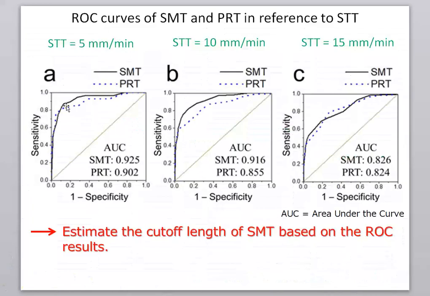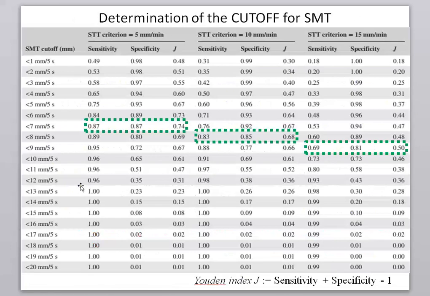J means the distance between these black points and this diagonal line. This diagonal line is associated with randomized diagnosis, so there is no meaning in performing this test, which means we want our result to be as far away from this line as possible. So let's choose the farthest point from this diagonal line. This is the concept of maximization of the Youden index J.